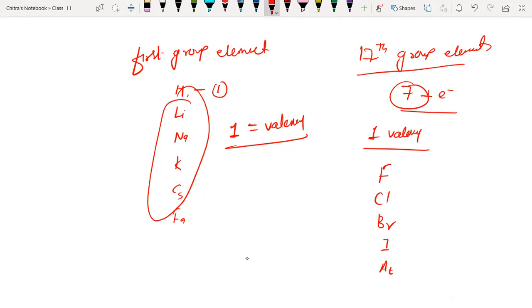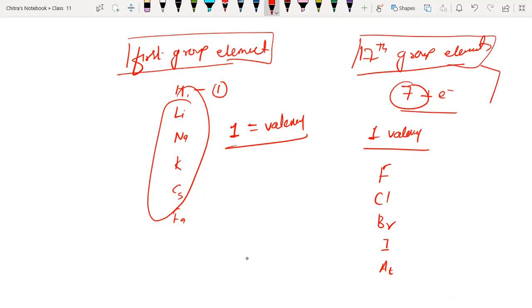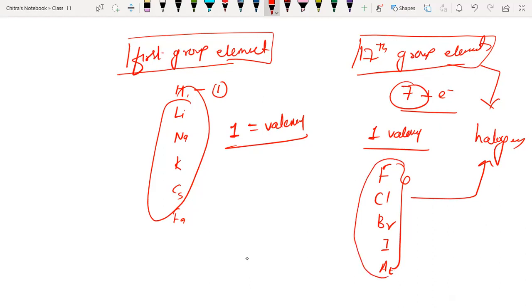Okay, so again it reacts with elements of first group as well as group 17. That's why hydrogen behaves like first group elements as well as group 17 elements, and group 17 elements are called halogens. All these elements along with their group are called the halogen family.